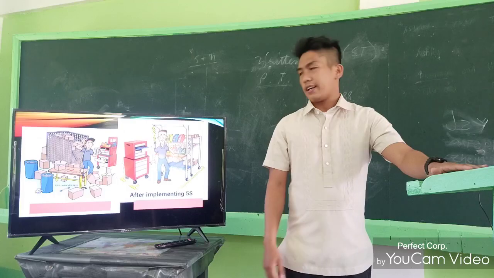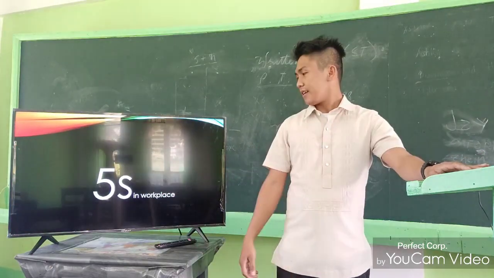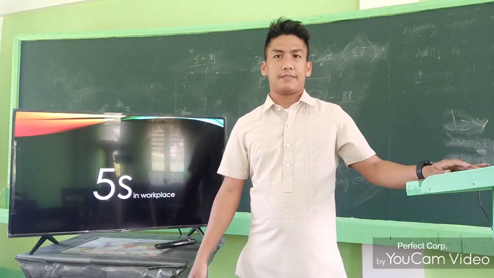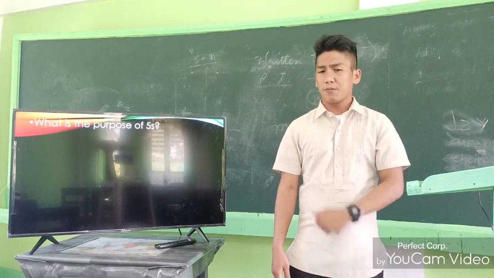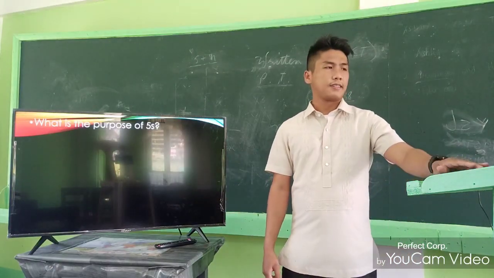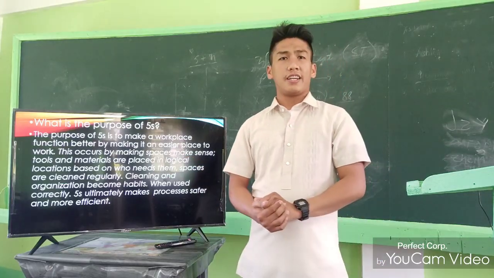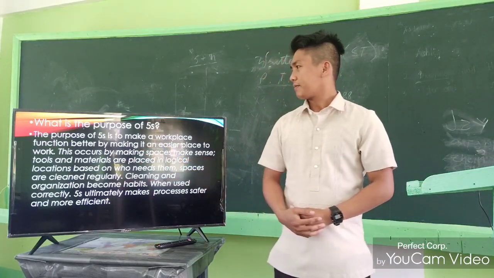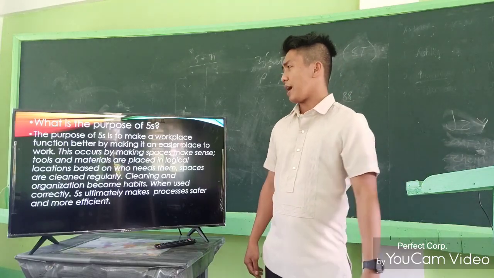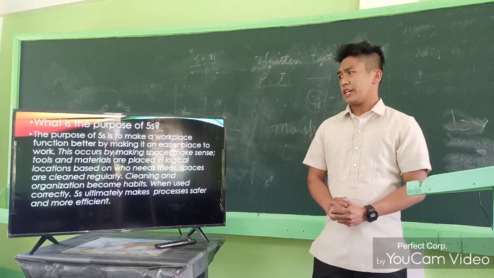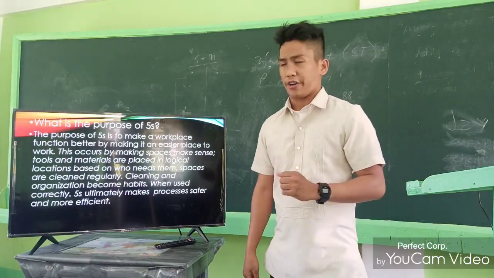So, our lesson is all about 5S in the workplace. What do you think 5S is? Or what's the purpose of 5S? Okay, can you read, Mr. Kanite? Okay, very good. The purpose of 5S is to make the workplace function better by making it an easier place to work.